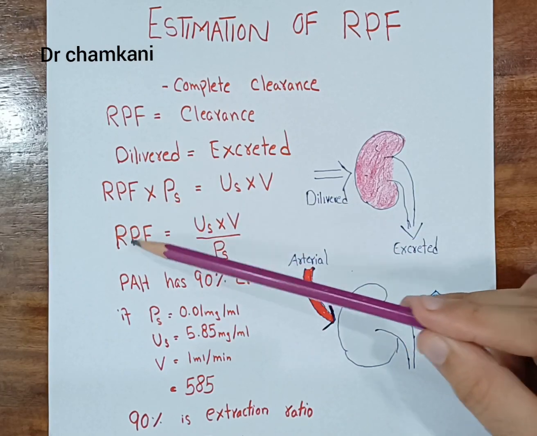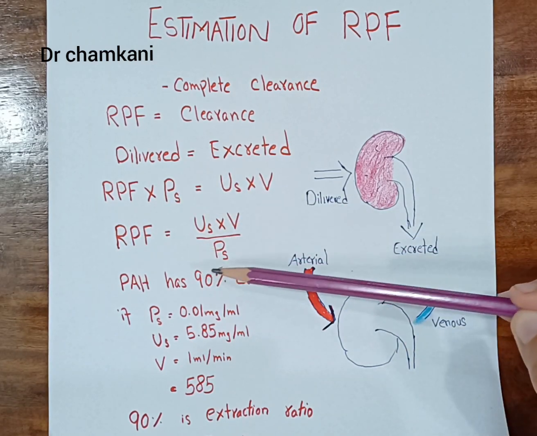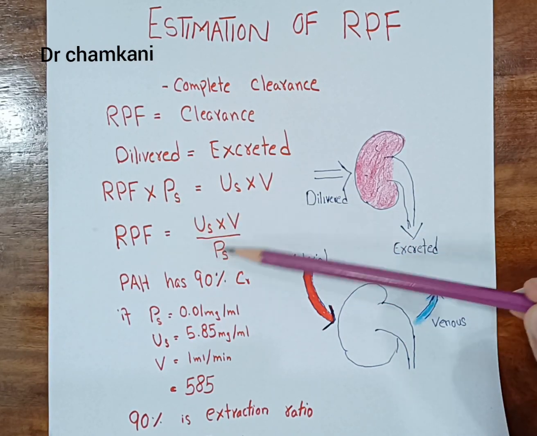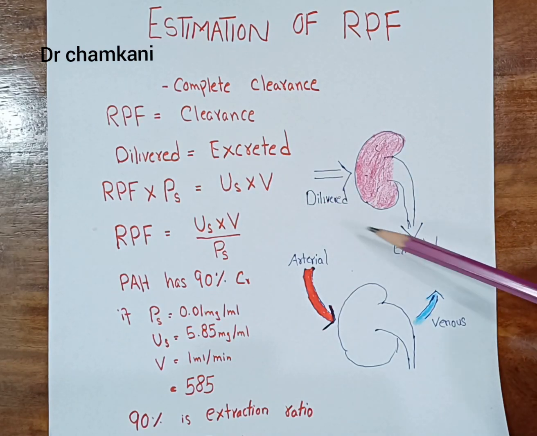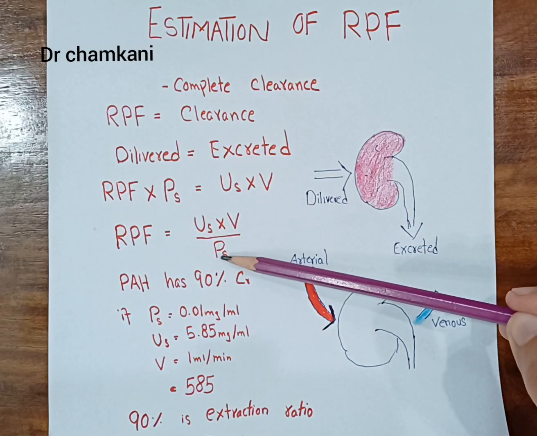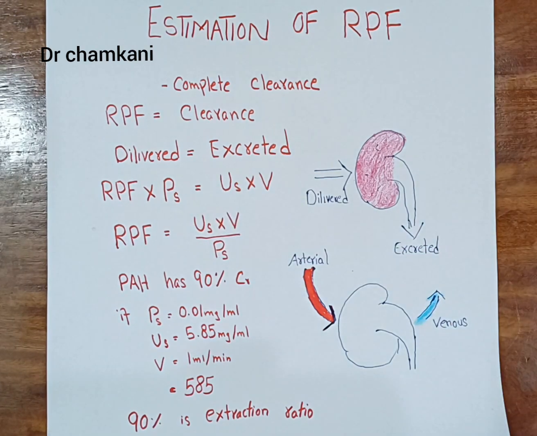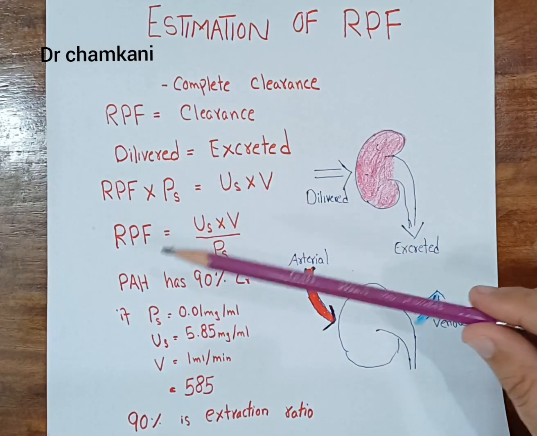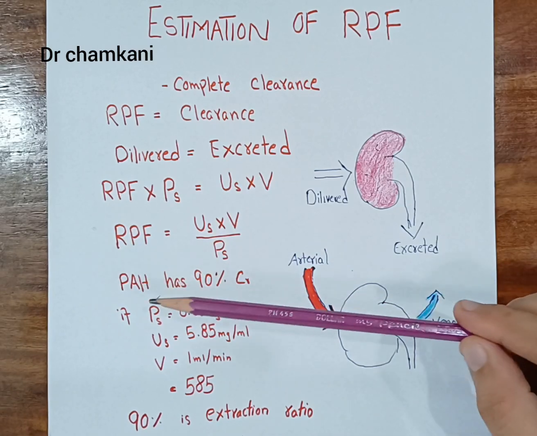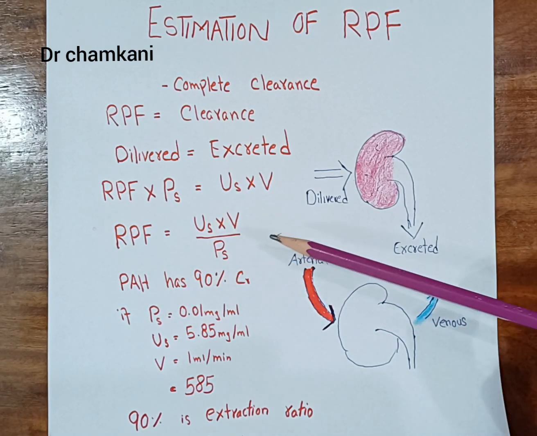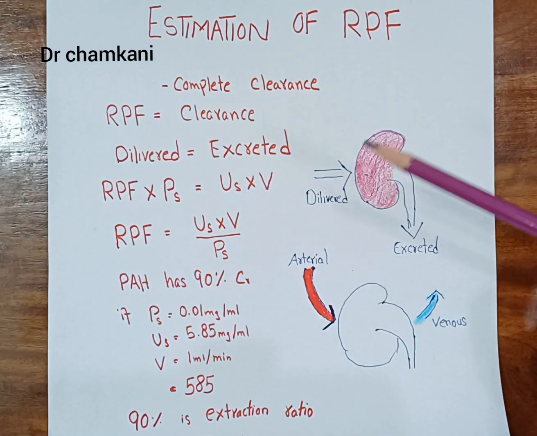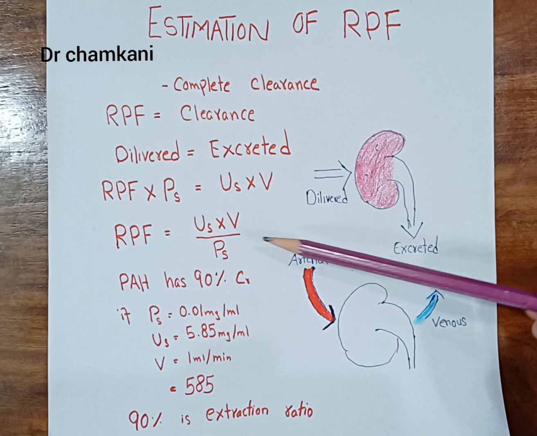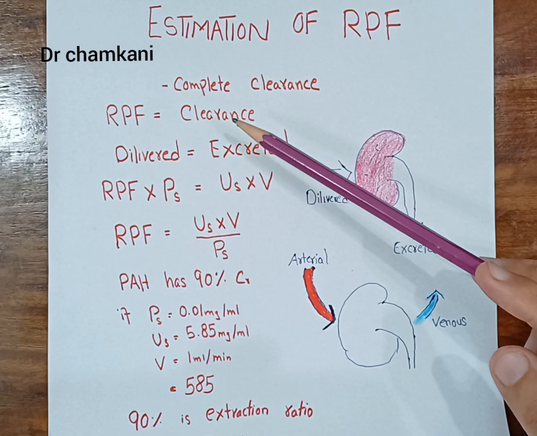So the renal plasma flow is equal to the clearance of that substance, and the clearance is calculated by the concentration of that substance in the urine times the volume of urine formed per minute, divided by the concentration of that substance in the plasma. We have only one substance, para-aminohippuric acid, which has a clearance of around 90%, so we will use it to calculate the renal plasma flow.